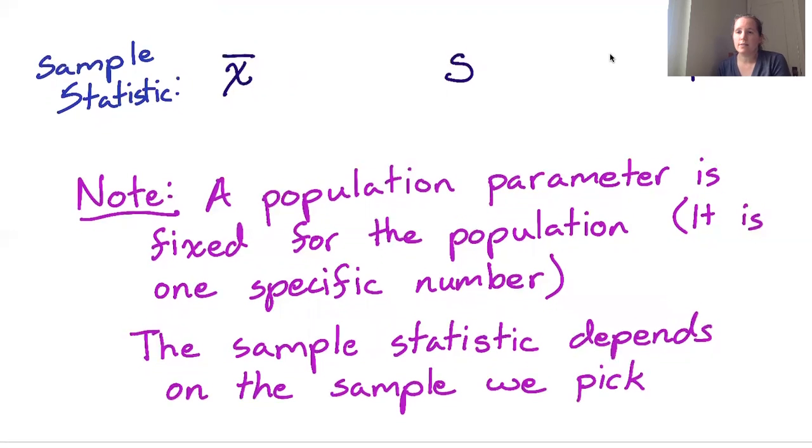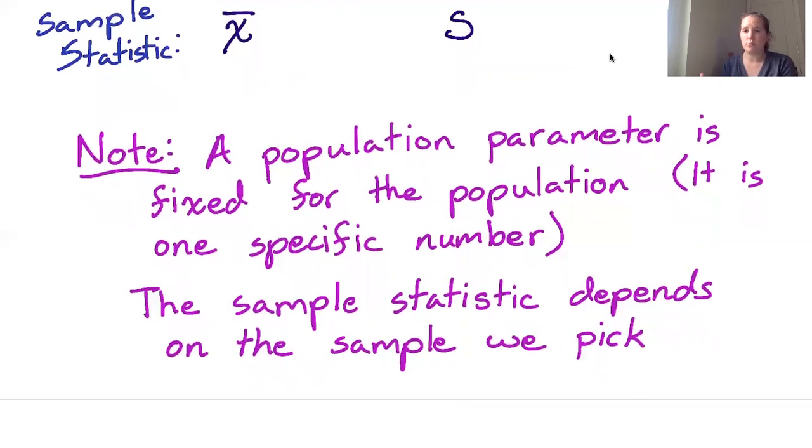Depending on which sample we choose, we may find a different mean or a different standard deviation or a different proportion. So this is just sort of basics, notation, vocabulary.